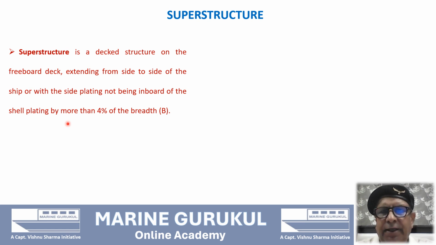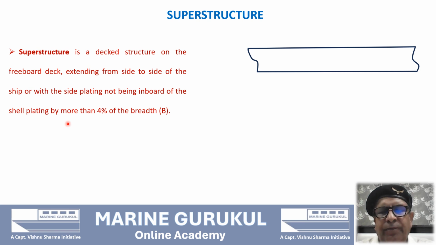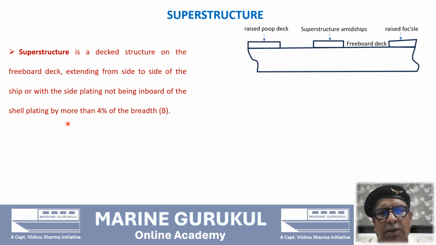So if we see in this side elevation, we have the freeboard deck, then we have the raised forecastle, we have the raised poop, and we have a raised structure amidships.